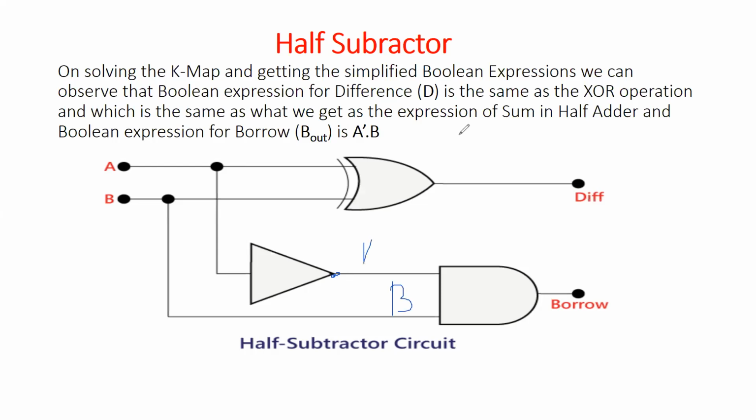This is A dash. So my borrow is A dash B, so it is going to an AND gate. And the difference, if you see the previous equation, was A dash B plus A B dash, so I give it to an XOR gate. So I get A dash B plus A B dash.